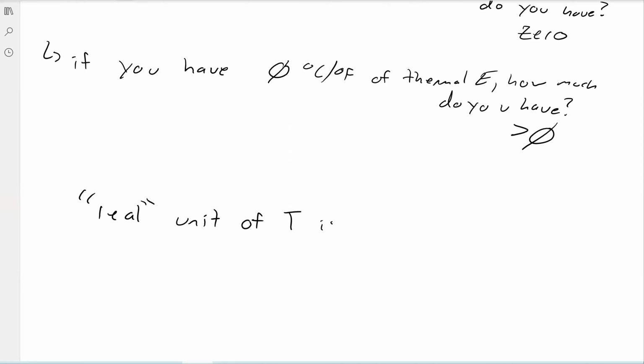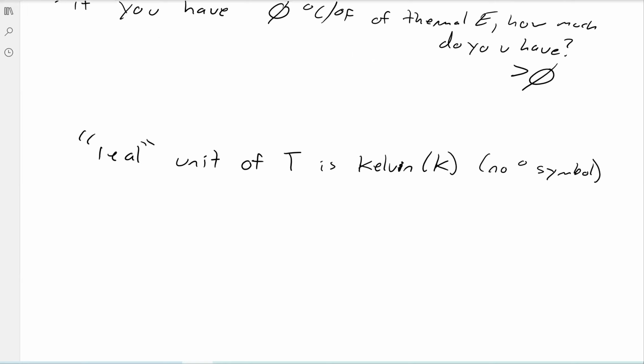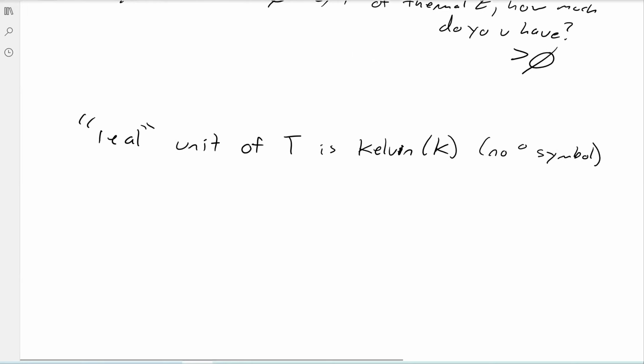And that unit of temperature is known as Kelvin. It gets the symbol big K, and there's no degree symbol. You're at 300 Kelvin, not degrees, just 300 Kelvin, which I like because, typing in Word documents and stuff like that, it's always a pain to insert that degree symbol.